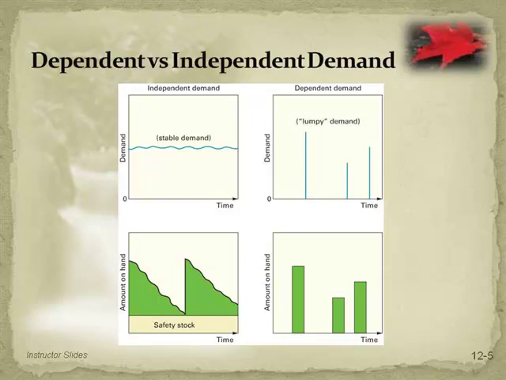So let's take a product that we all recognize as an example, and that would be an iPhone. The independent demand for the iPhone would be the demand for the finished iPhone telephone that's ready for a customer to purchase. The dependent demand would be the demand for all of the materials that go into the iPhone.